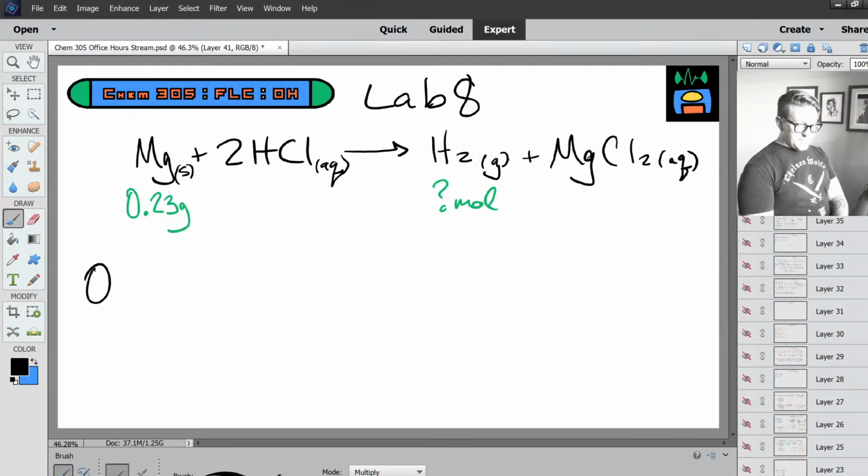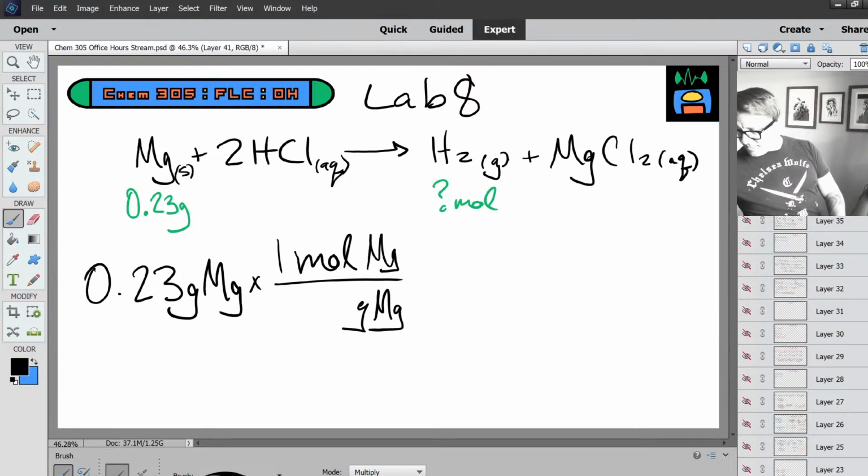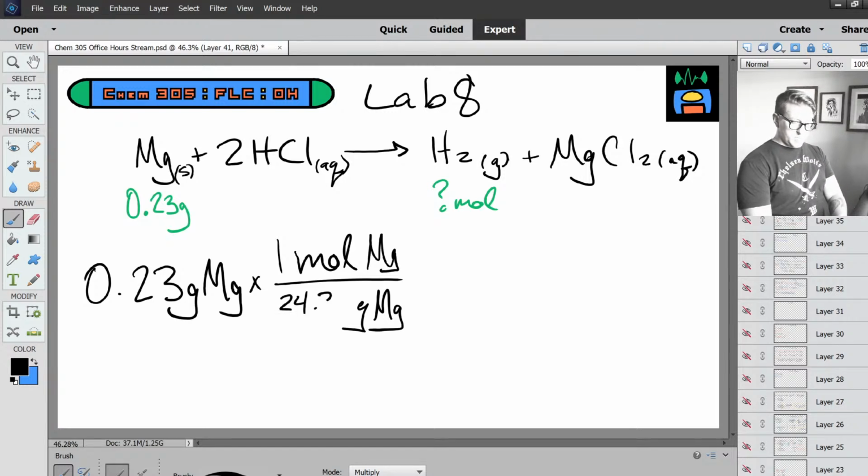So the way you set it up is you take your mass of magnesium, and then we're going to use the atomic mass, the grams of magnesium per mole, to convert from grams to moles, and magnesium is like 24 point something. 24.31. You grab that off the periodic table.